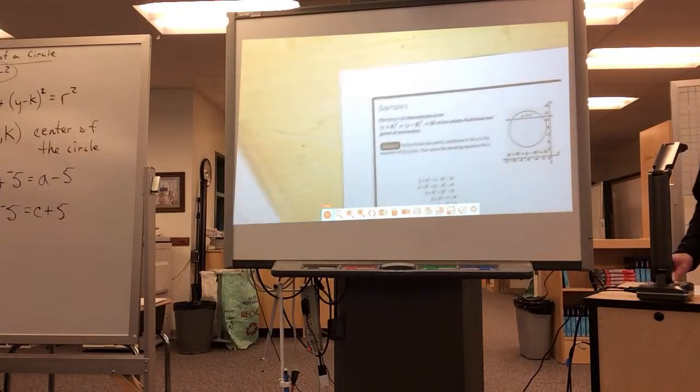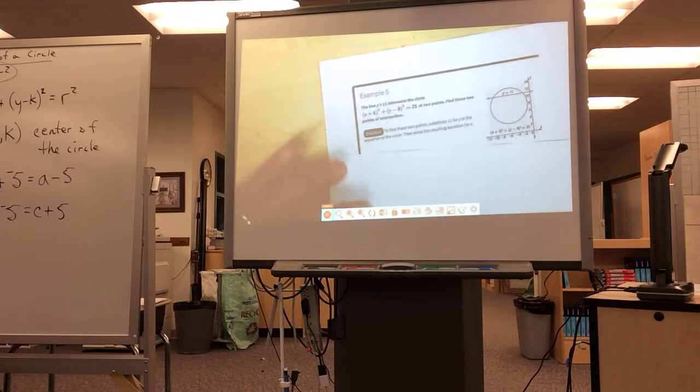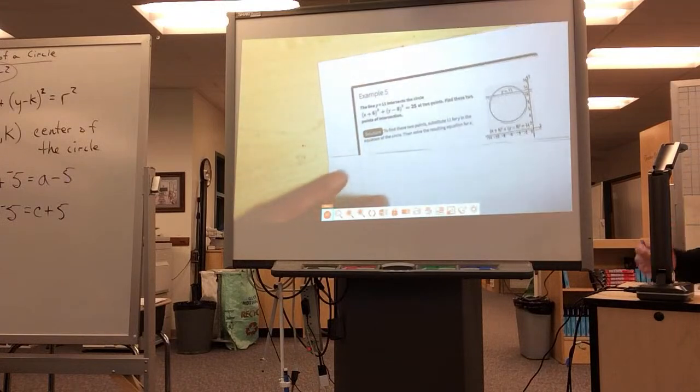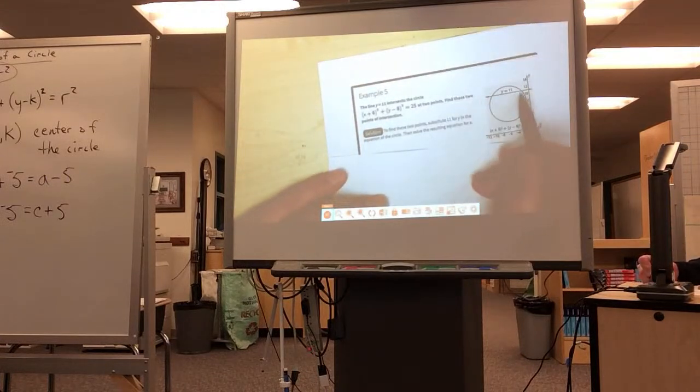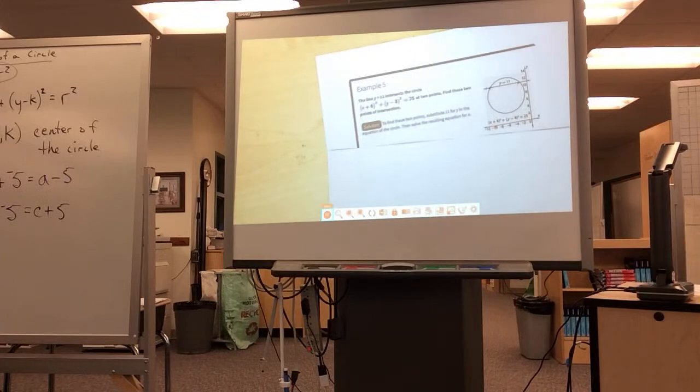Here's the last one. So here they have the line y equals 11, so there's 2 points of intersection on the circle. And what we're doing is we're supposed to find the x values. So it's just like the second example where we had to find 2 different locations.